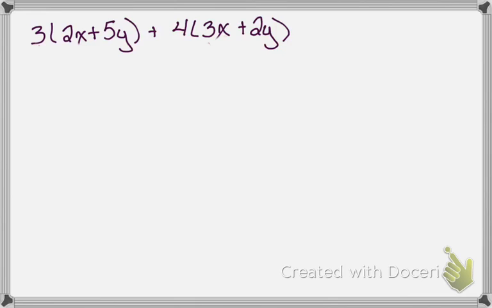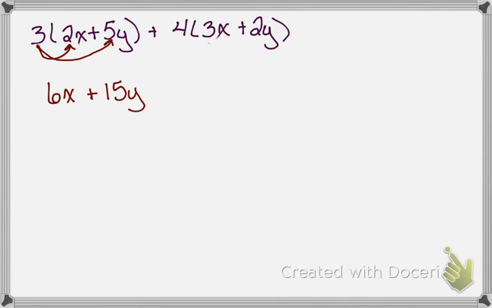Okay, we still had 2 sets of common terms or like terms, but now instead of having x and a constant, we have x and y. So 3 times 2x is 6x. 3 times 5y is 15y.